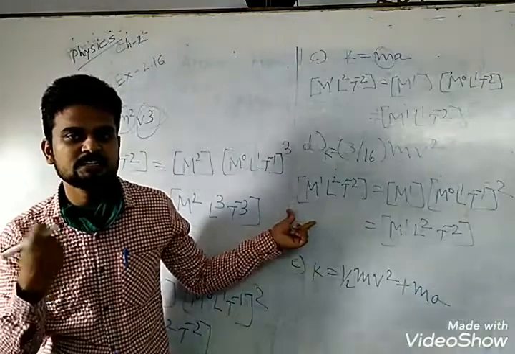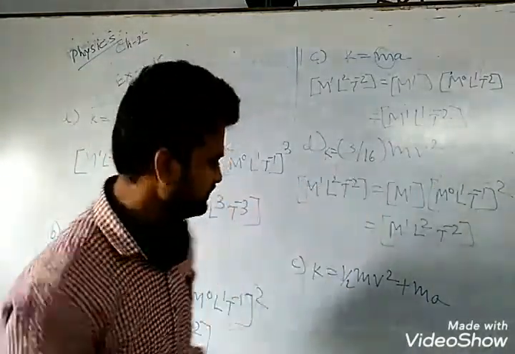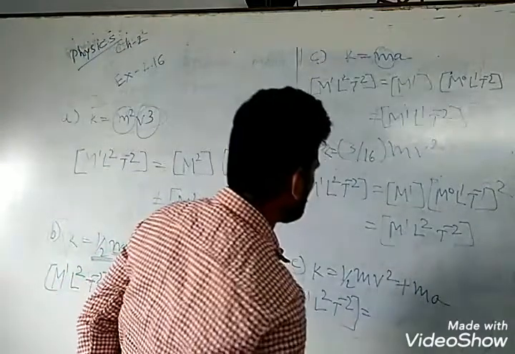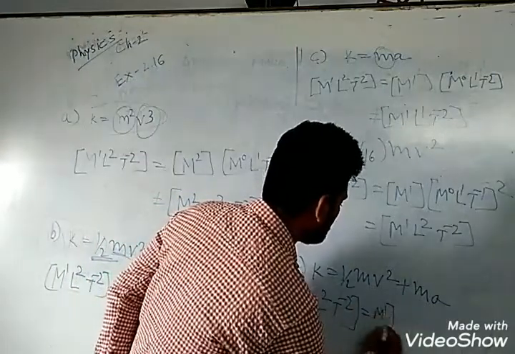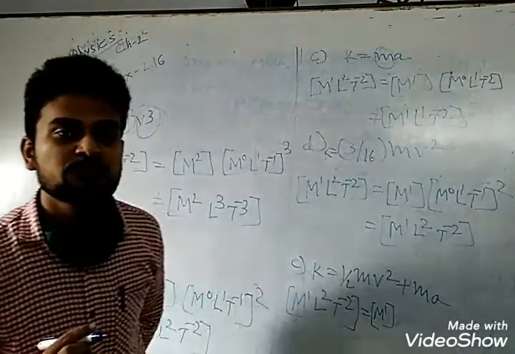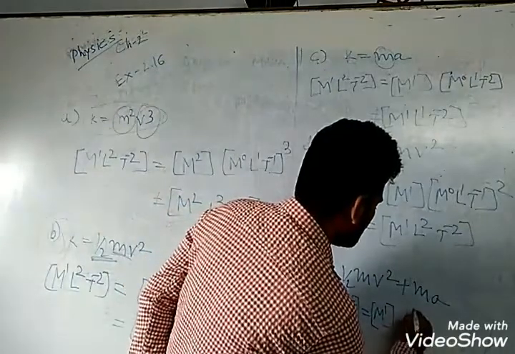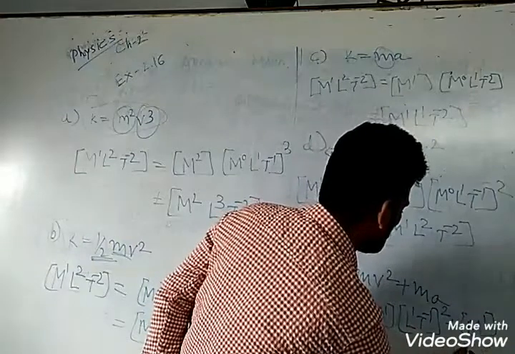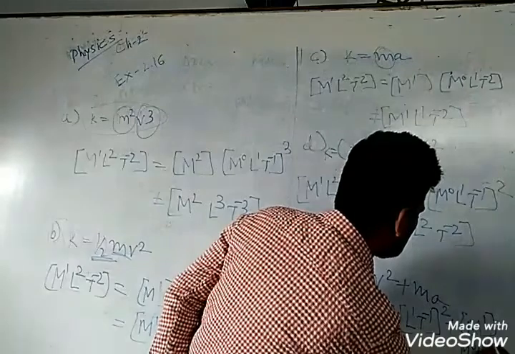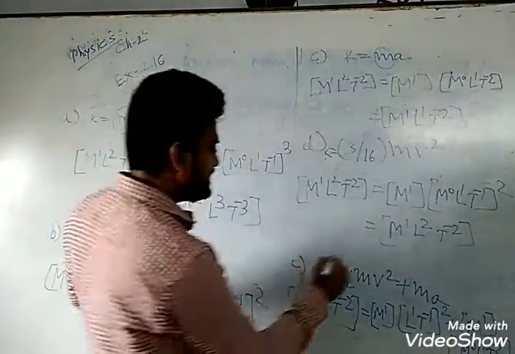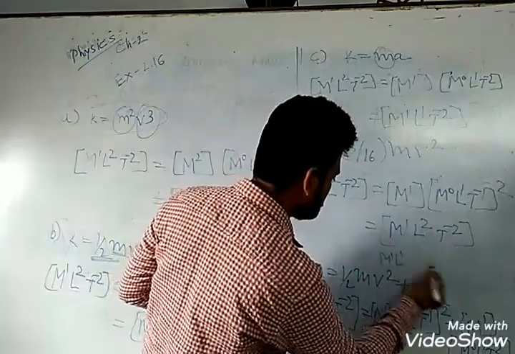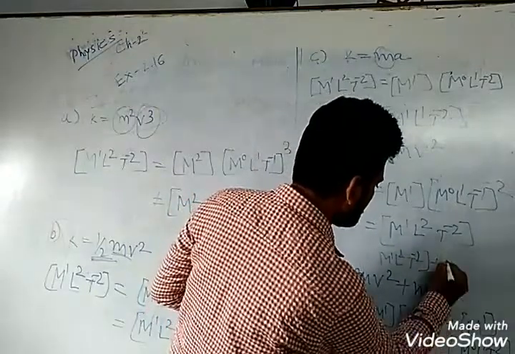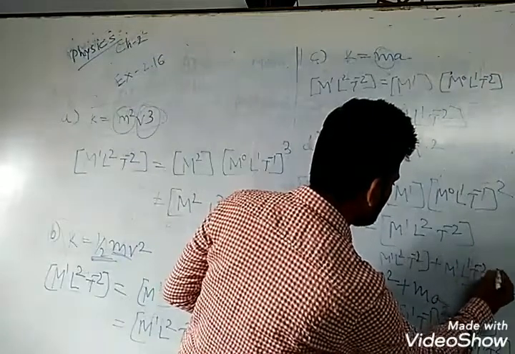Here again left hand side is equal to right hand side, meaning dimensionally correct. The last equation: M¹L²T⁻² is equal to 1/2, a constant value, times m, M¹, and velocity, L¹T⁻¹ squared, plus M¹ into M⁰L¹T⁻². So the final is M¹L²T⁻² plus M¹L¹T⁻².